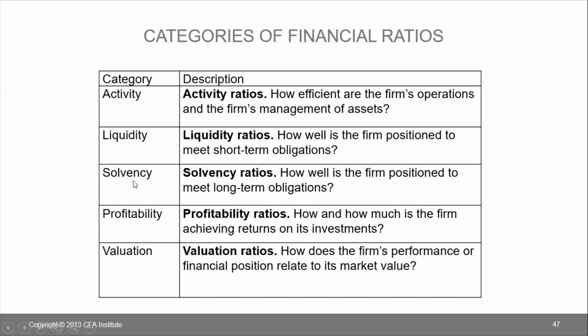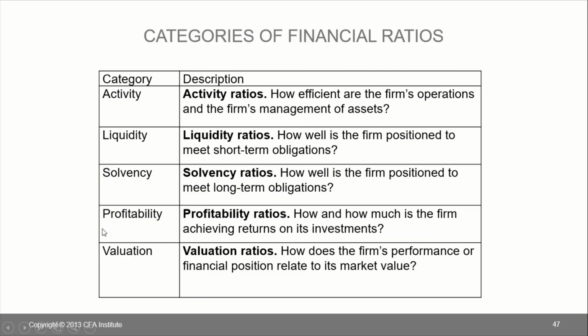While the solvency, if we look at it, liquidity and solvency are both talking about debt. Okay? But solvency, on the other hand, is talking of long-term obligations. Okay? So, liquidity is short-term, solvency is for long-term obligations.